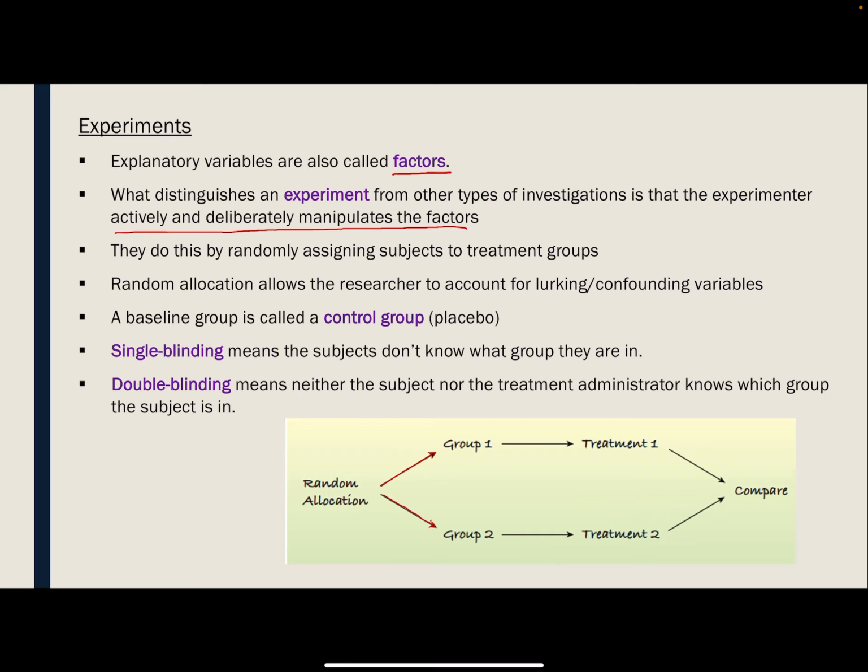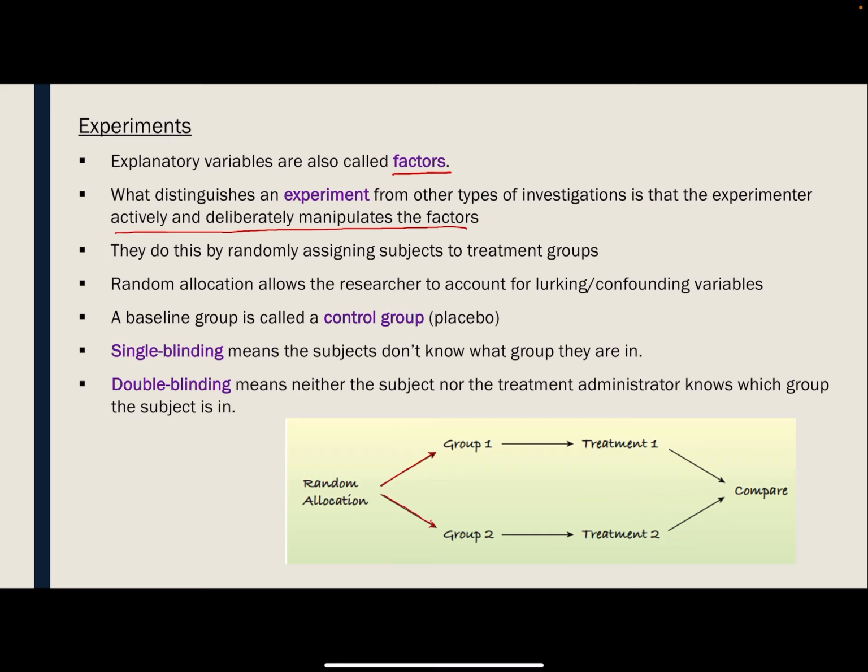The random allocation that the researchers do will account for any lurking or confounding variables, because those types of variables are going to be in both groups.